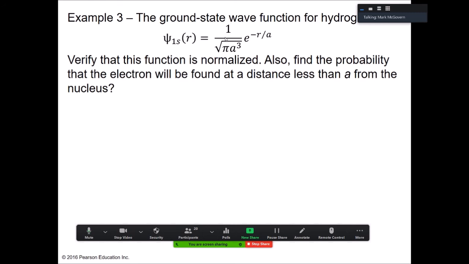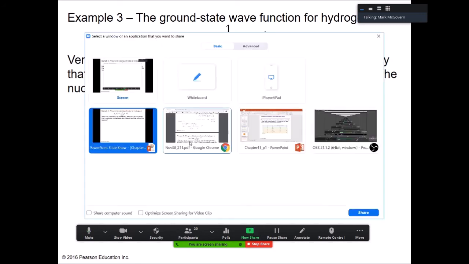So 1 over root pi a cubed, where a is the Bohr radius here, e to the minus r over a. This is the simplest wave function for hydrogen. It's for the electron sitting in the ground level, the 1s level right here. So let's look at that solution. All right, where is this? Right here.